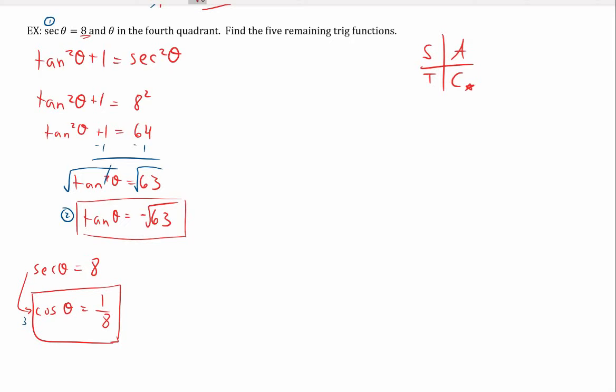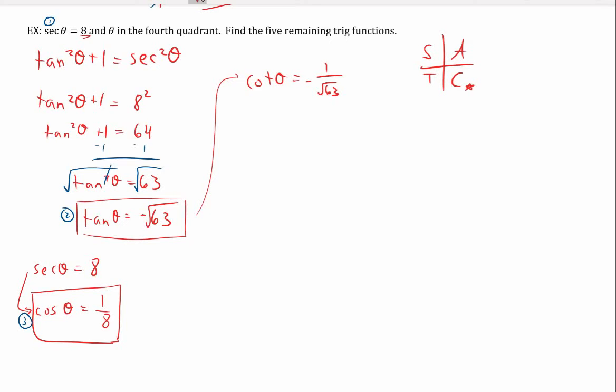Okay, and it can get a little bit weird. There's a few different ways that one might want to go about the next few steps. But now that I know cosine, I need to find cotangent, sine, and cosecant. Once I know sine or cosecant, then I can just flip that to find the other one. Finding cotangent, I already know that tangent is negative square root of 63, so the reciprocal would be 1 over negative square root of 63.